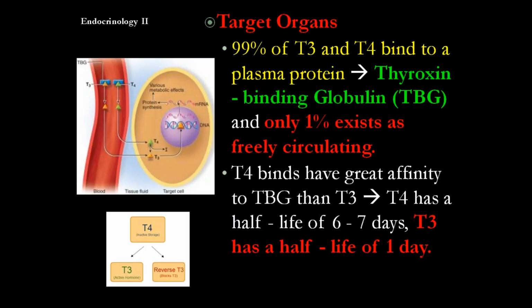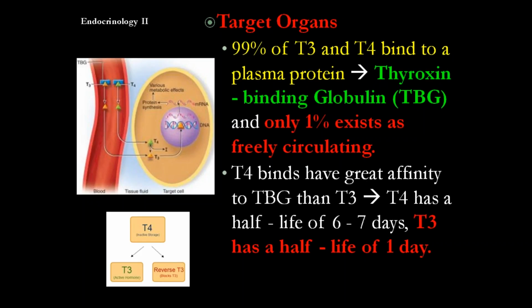All right, so we have target organs, and here is something very interesting. We already talked that T3 and T4, T3 is the most potent, but it is the one that lasts shorter. T4 is more abundant at the level of micrograms, and has a very long half-life.